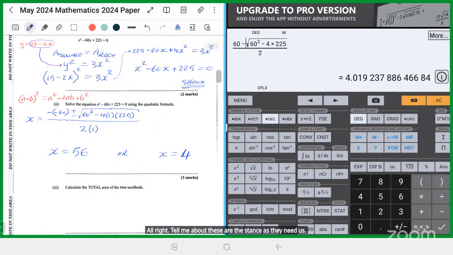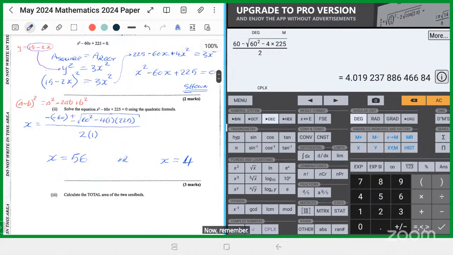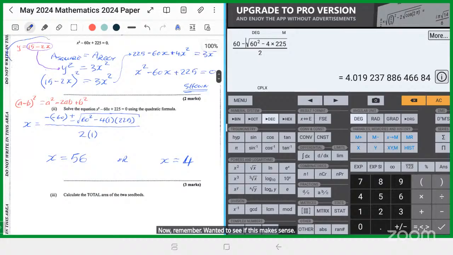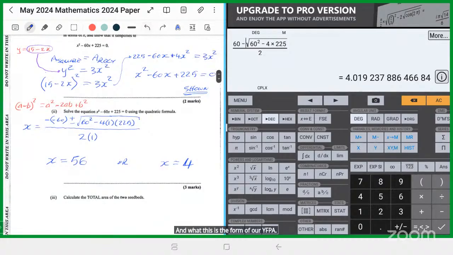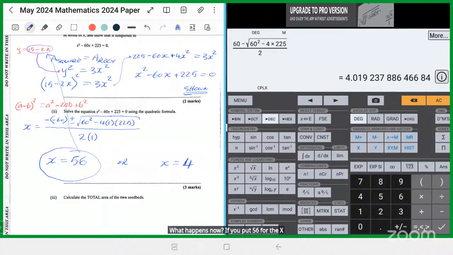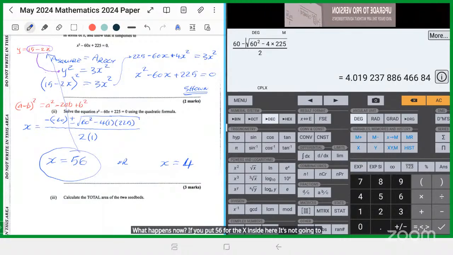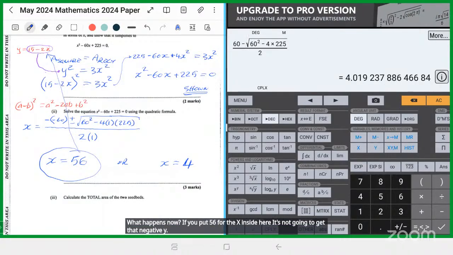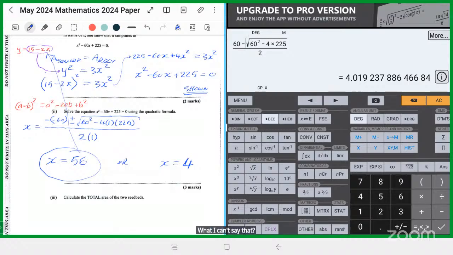Now, remember, we want to see if this makes sense. This is the formula for y up here: 50 minus 2x. Look what happens now. If you put 56 for the x inside here, you're going to get a negative y. So the 56 is too large for the x. It's just too big.